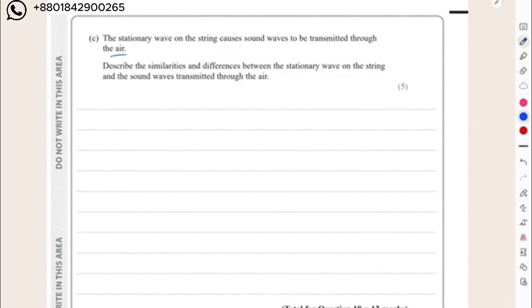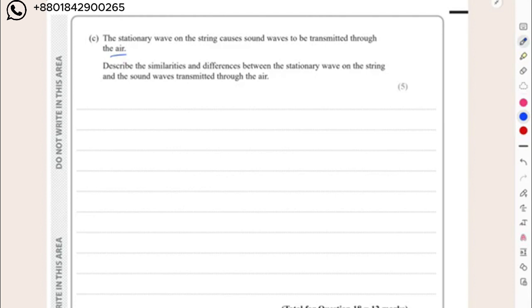For longitudinal waves, the amplitude will be the same for every point. For a stationary transverse wave, the amplitude is not the same for every point. Also, a standing wave does not transfer energy, but sound in air does transfer energy. So these are the differences.